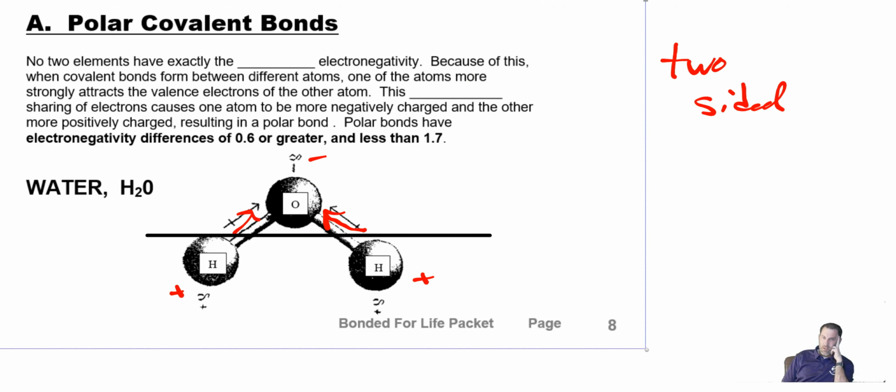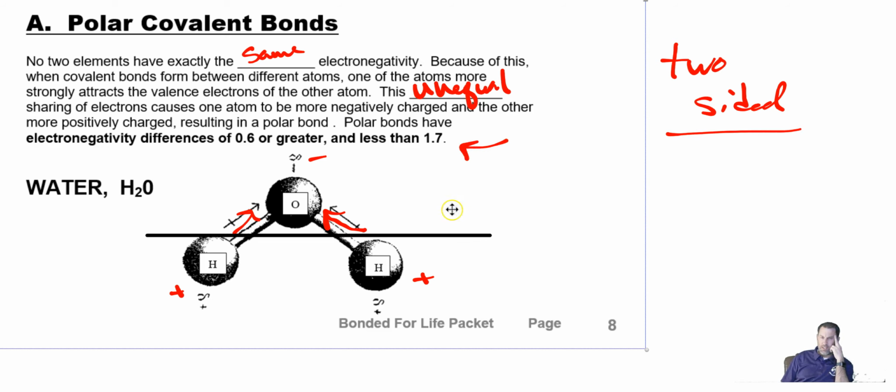Okay, so no two elements have exactly the same electronegativities. Because of this, when covalent bonds form, one of the atoms more strongly attracts the valence electrons of the other. This unequal sharing causes one atom to be more negative and the other more positive, once again making a polar or two-sided molecule.